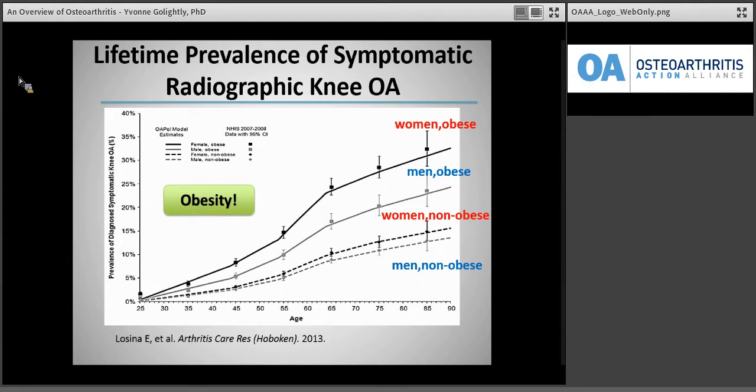What we see is that it's obesity, so that among obese men about 20% of them have knee osteoarthritis, and about 30% of them have osteoarthritis by age 85.